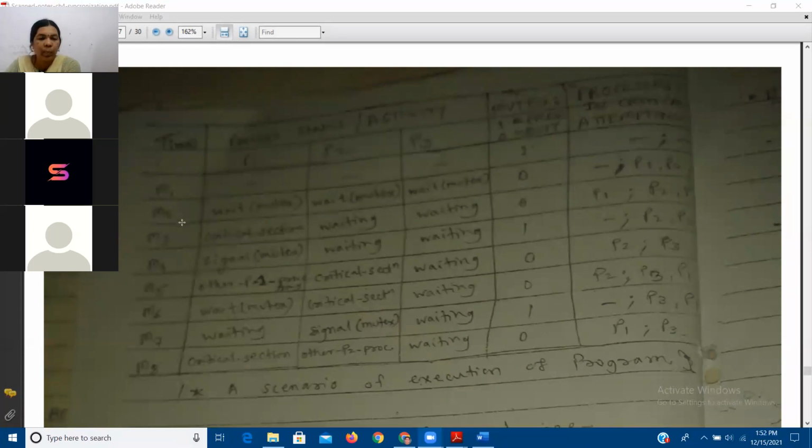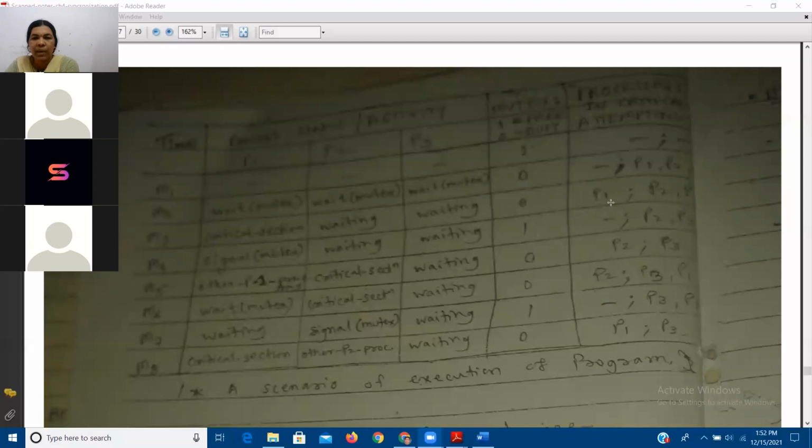So now at moment 2, all are trying to execute the entry section. Wait mutex, wait mutex, wait mutex. So the value of mutex is 0. So it is going to become busy. So here P1, and all processes, nobody is there in the critical section.